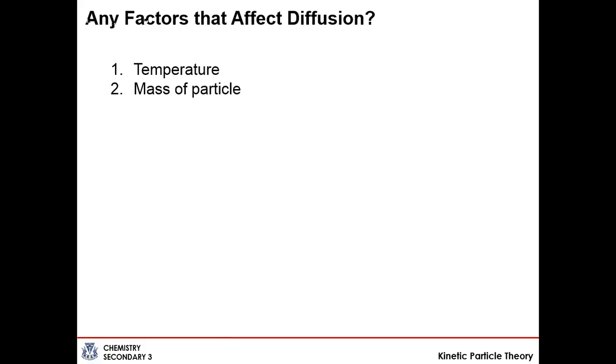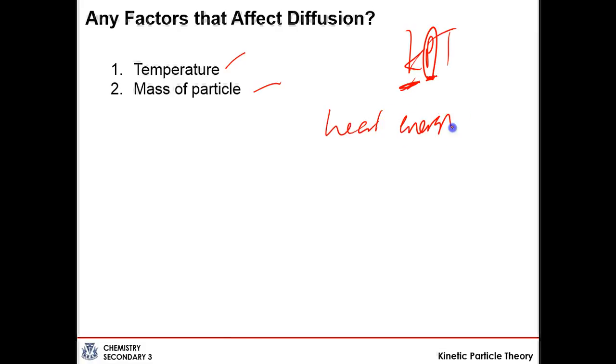So now, since KPT states that there are particles that are moving, something will affect how the particles can move. And these two factors are temperature and mass. So imagine if I have a very heavy particle, it will tend to move slower because you need more energy to move it. If the particle was in an environment of a very high temperature, when there's a lot of heat energy or a lot of thermal energy, the particles gain kinetic energy.